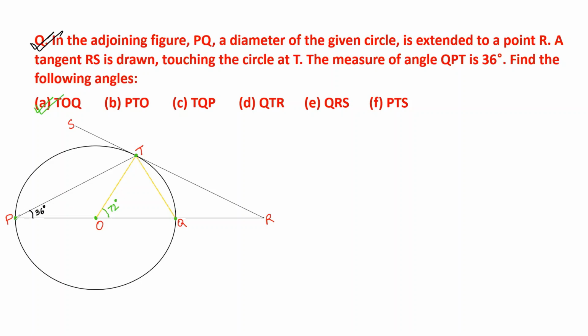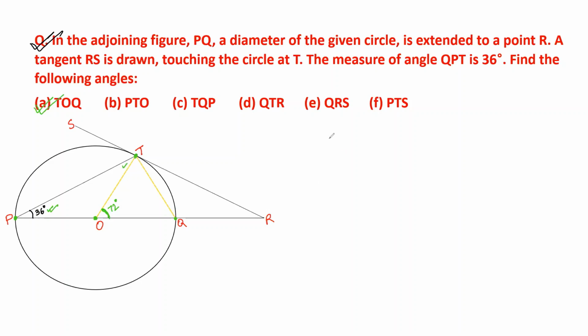Now to find angle PTO, let us use the exterior angle theorem, which states that any exterior angle of a triangle is equal to the sum of the two remote interior angles. So if we consider the triangle PTO, this angle would be the exterior angle. So this angle would be equal to the sum of this angle plus this angle.